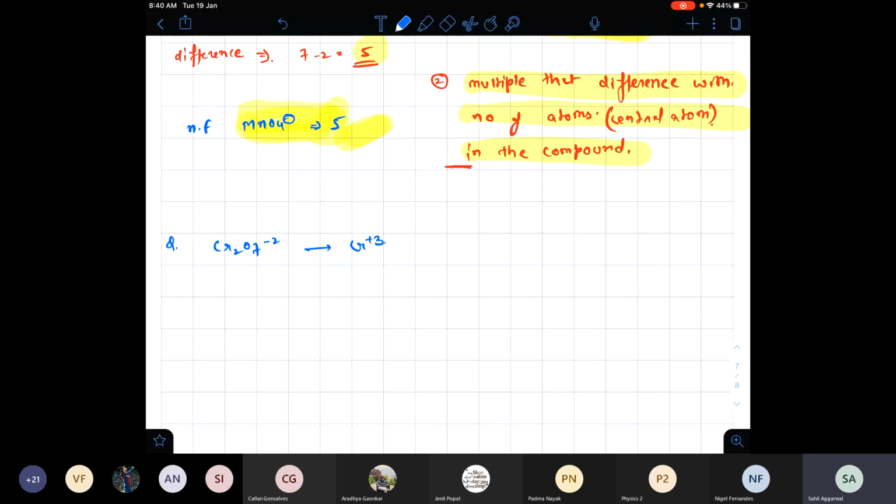What is the N factor here? Davis, difference is 3.